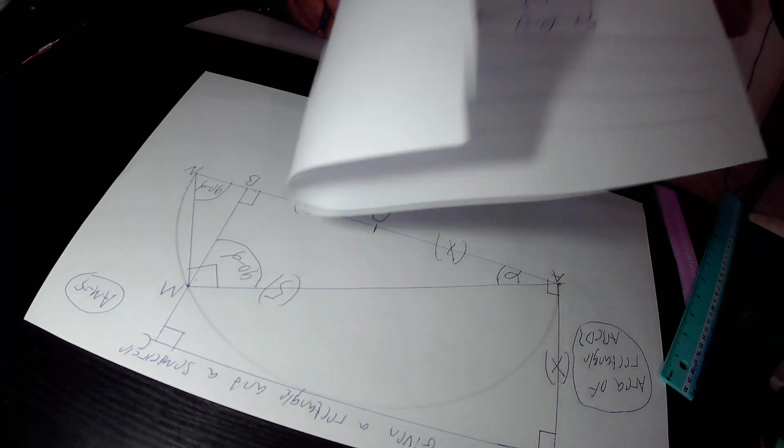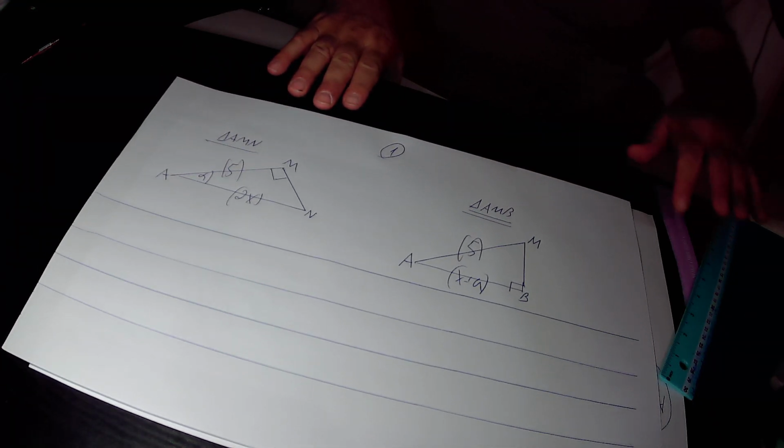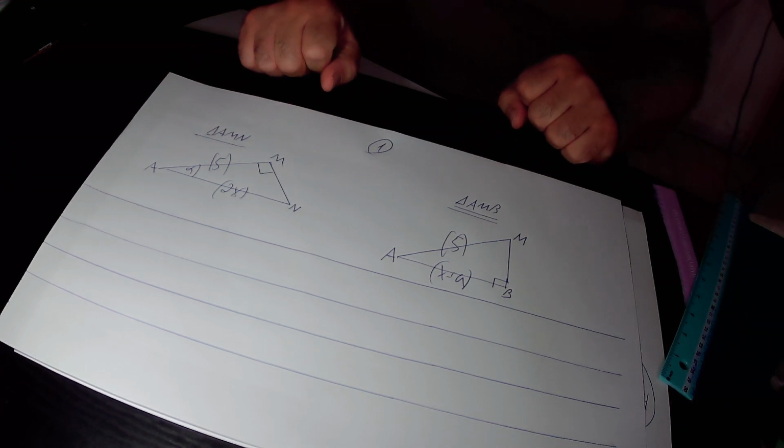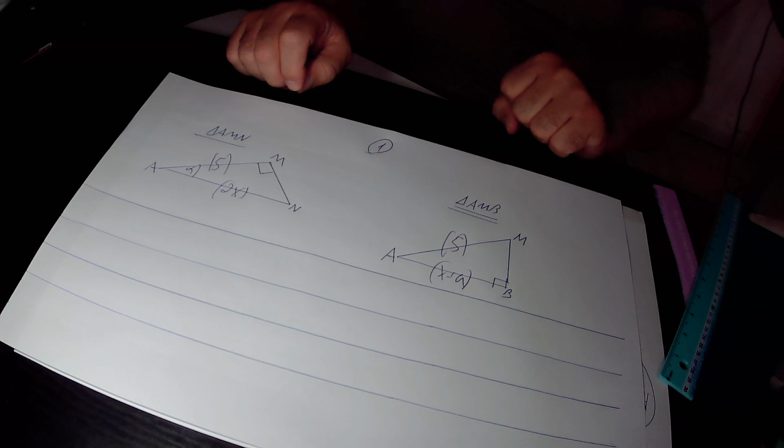So actually, those are the two right triangles AMN and AMB, copied from the original drawing. In the next step, we prove that those two right triangles are similar to each other.